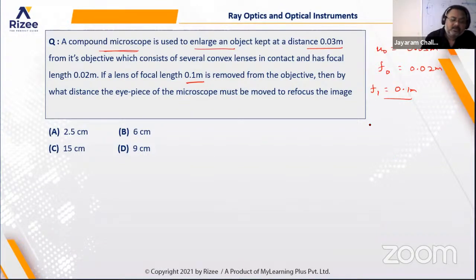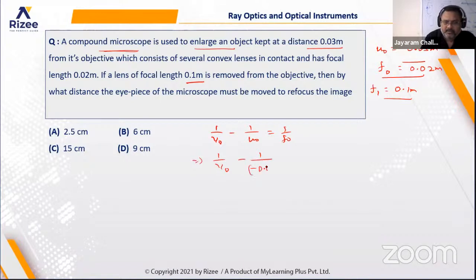Where is the first image actually going to fall for these values? For that, I use 1/v0 minus 1/u0 is equal to 1/f0. Since we don't know the value, 1/v0 is equal to 1/(minus 0.03) plus 1/0.02, the combined focal length.